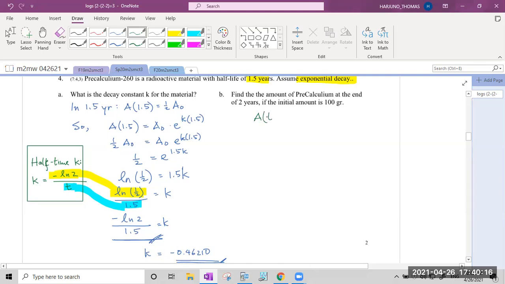The amount at time t is the initial amount times e to the negative 0.46210t. After 2 years, with the initial amount 100 grams, how much is left?